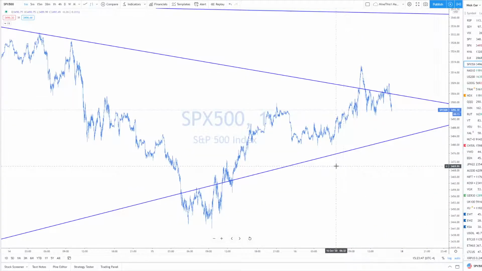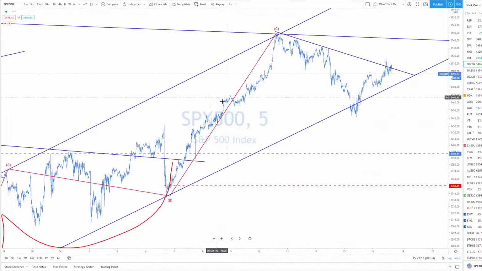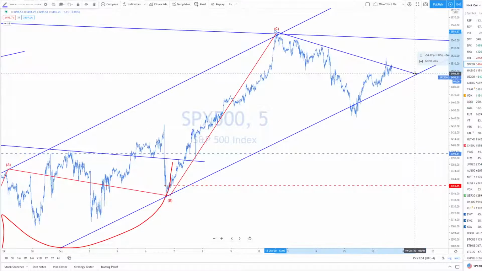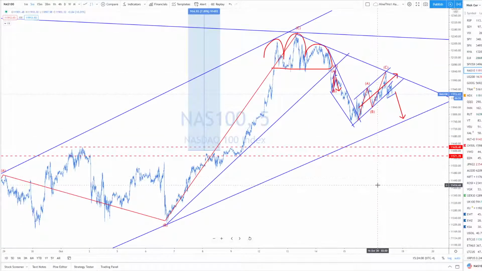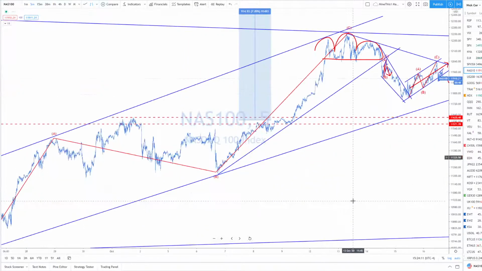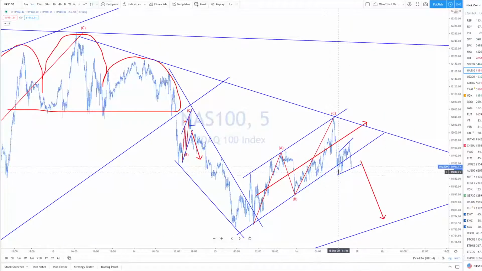Take a look at the S&P. 36 minutes left in the trading day.